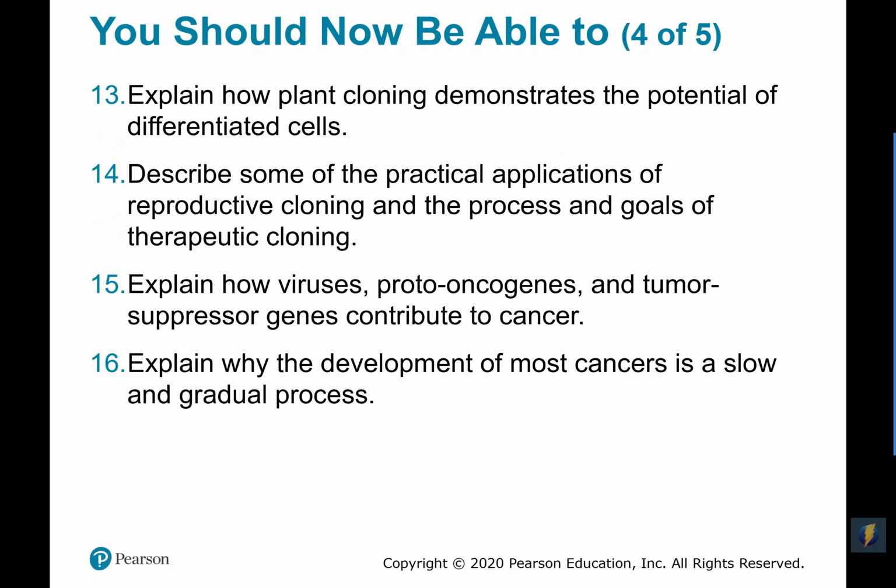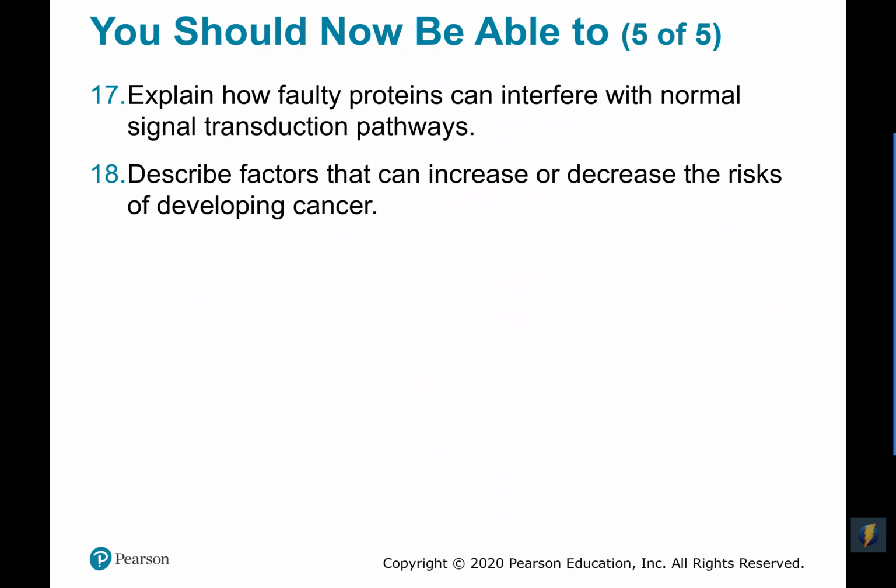We talked about cloning and how differentiation affects or doesn't affect cloning. We talked about therapeutic cloning and reproductive cloning, and how sometimes there are ethical guidelines there. We talked about oncogenes and tumor suppressor genes, and how cancers snowball, that they may start off small, but then snowball into unchecked, unregulated growth and malignancy in tumors.